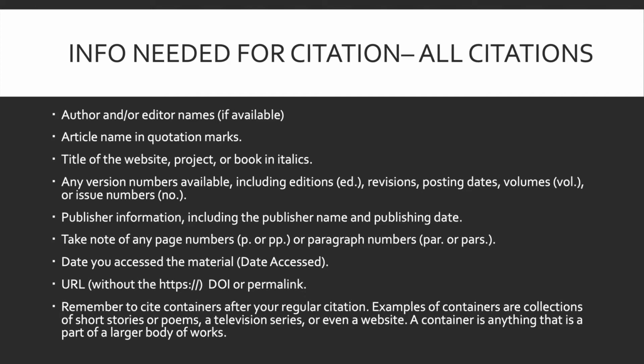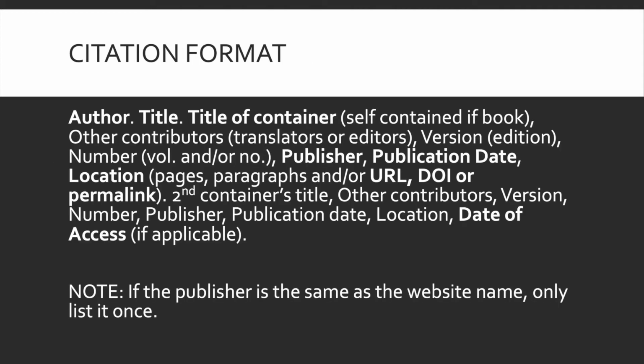What you're seeing on the screen right now is information that you need for all citations, whether they are hard copy citations or electronic citations, doesn't matter. So this is all the information you need, this is the format that you would use. So again, you can see all of that information there, and the order in which you should list it, and the punctuation that you should use, and all of that kind of good stuff. Again, if you're using the research tools that I'm going to show you today, you shouldn't ever need to create your own citation.